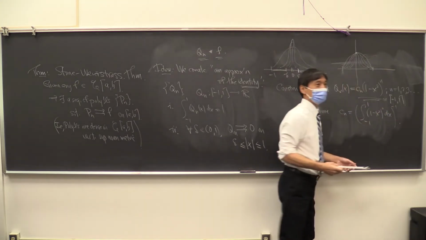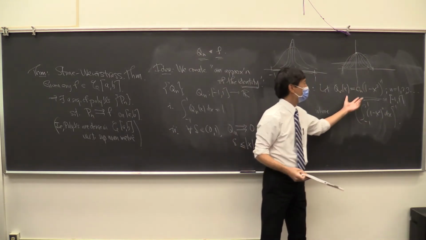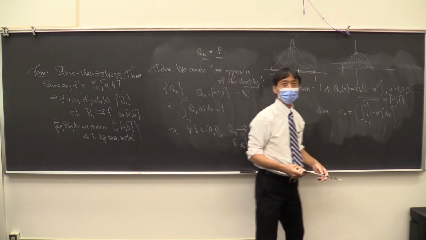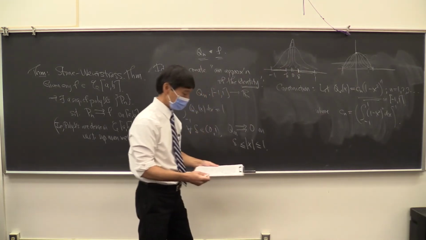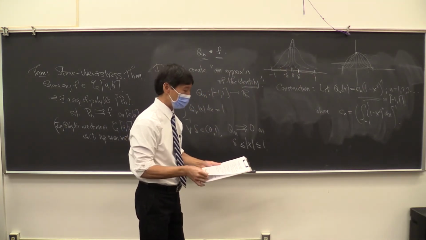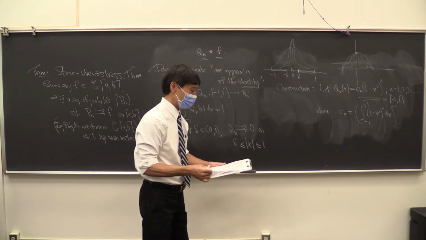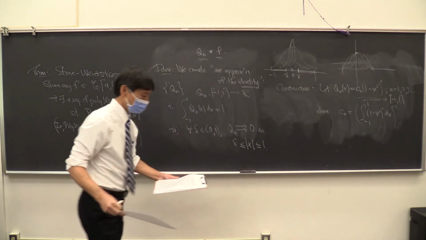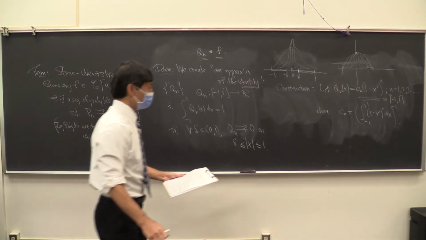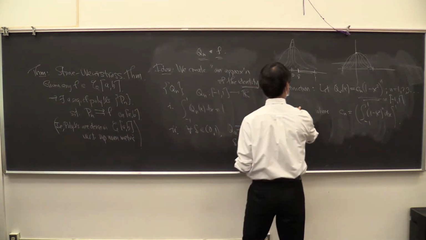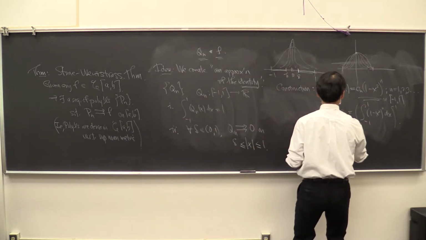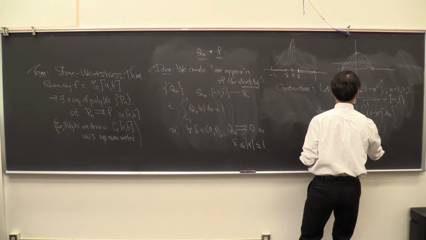It's chosen so that the integral of this thing is 1. So those are our approximations of identities. So obviously property 1 is satisfied.